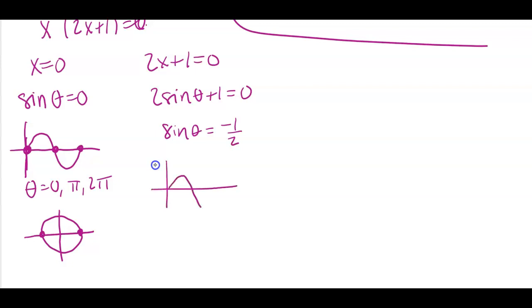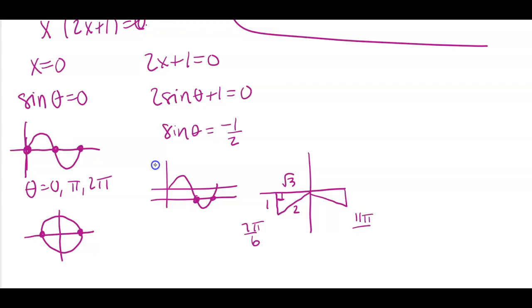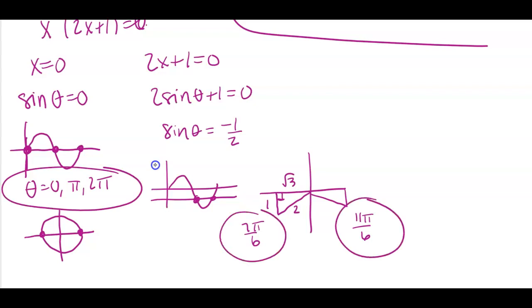Again, rectangular wise, that's going to happen twice. But I really don't know from that graph what those numbers are. So let's go ahead and pull that into the unit circle. I need opposite over hypotenuse to be 1/2. So that must happen at 7 pi over 6 and 11 pi over 6. And so those would be my 5 solutions for this.